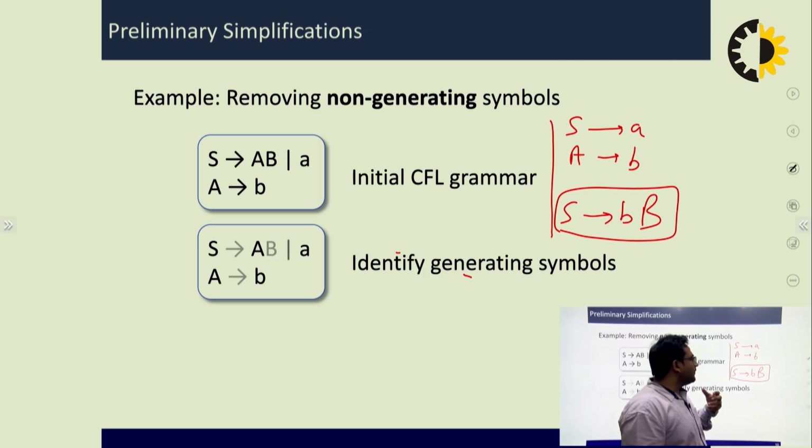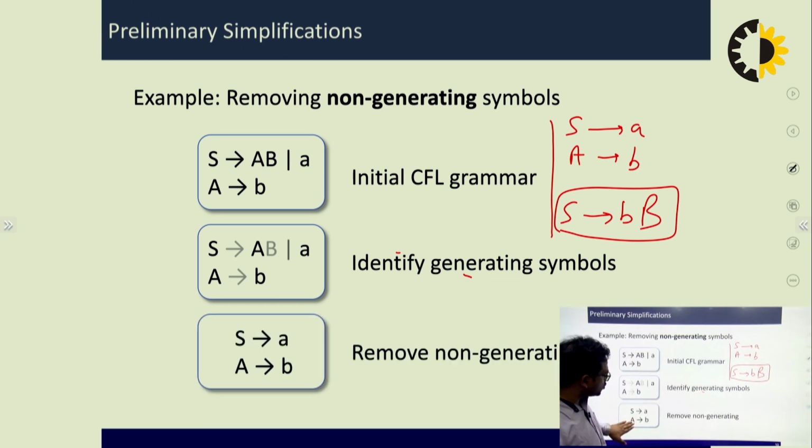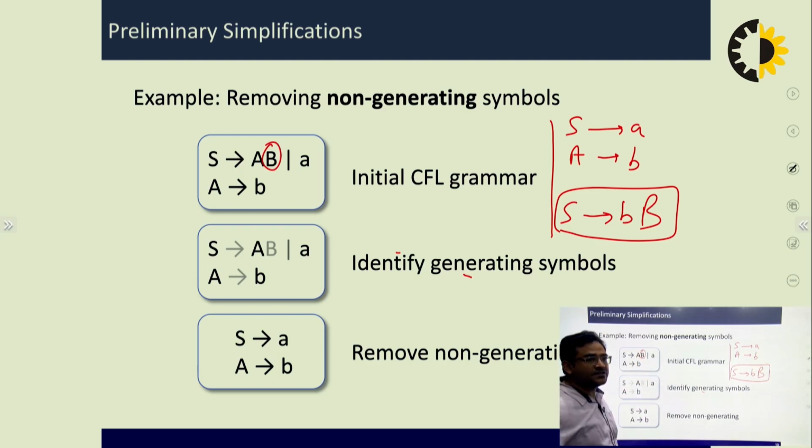We need symbols which generate the string. That's why we consider only S tends to A and A tends to B. What we have done here is remove the non-generating symbol. B is the non-generating symbol, so we remove these productions. Once you identify a non-terminal as a non-generating symbol, you can remove all the productions which have that particular symbol B.